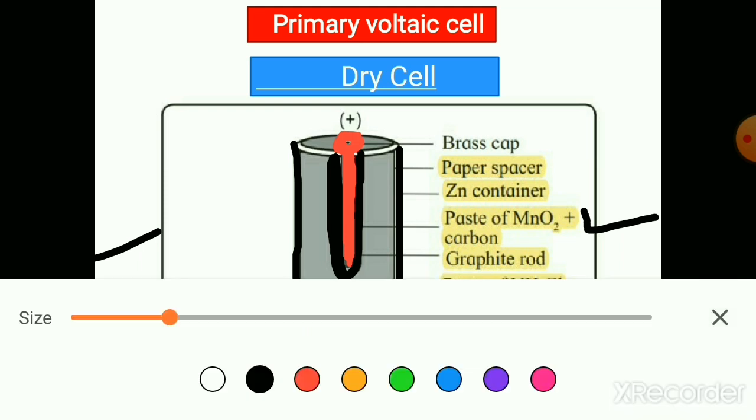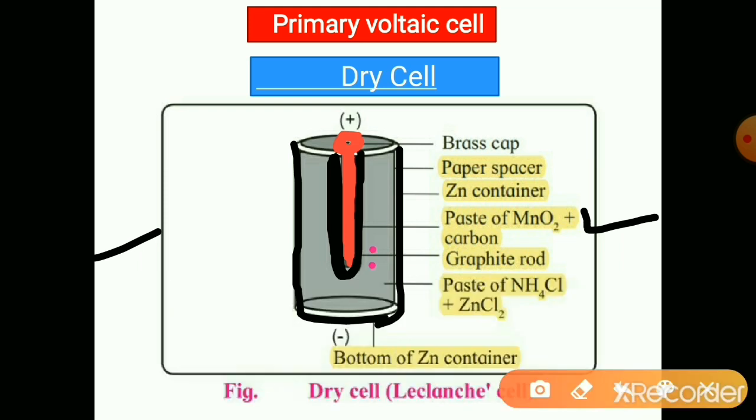And after that, a paste of ammonium chloride and zinc chloride is filled in. This acts as the electrolyte. So the paste of ammonium chloride and zinc chloride is placed besides the paste of manganese dioxide and carbon.